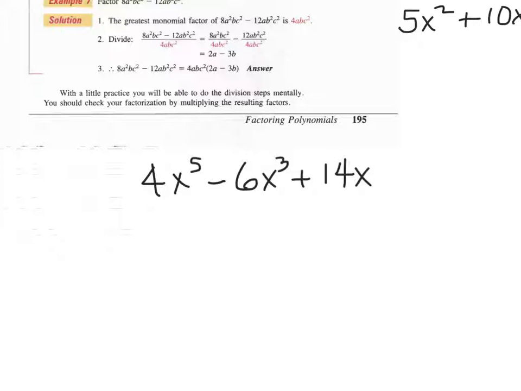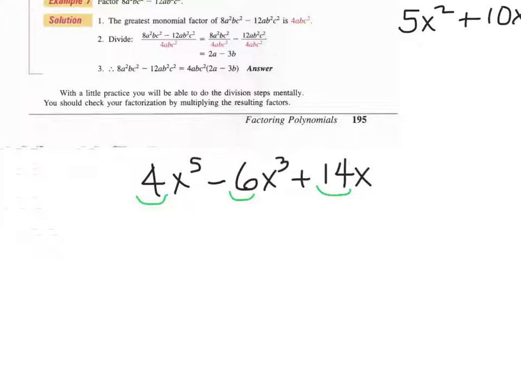Now, first I'm going to look at the coefficients. So out of the three numbers, 4, 6, and 14, what is going to be my greatest common factor? 2. Okay, so 2 is the GCF for the coefficients.